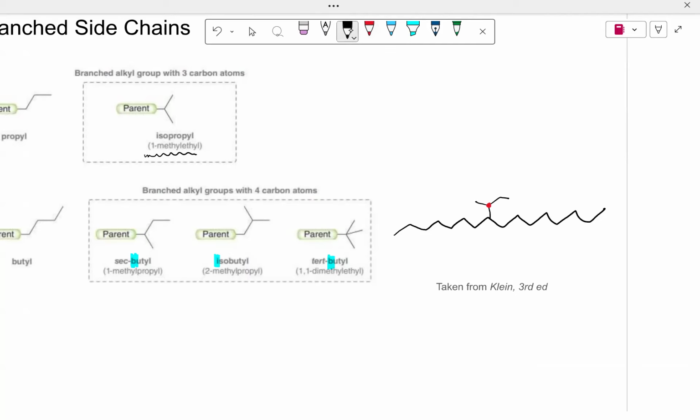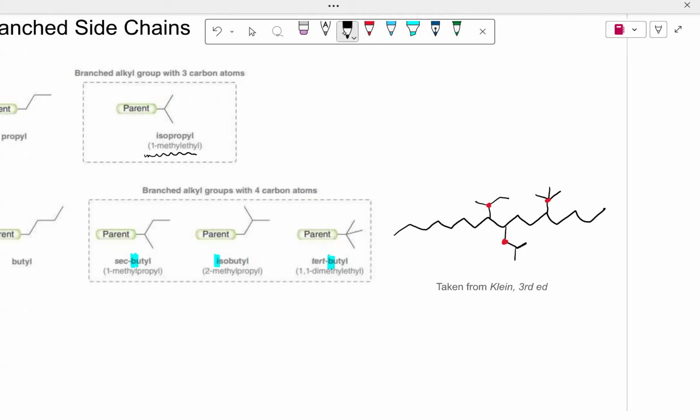An isobutyl group would look like this. So note where that group is attached. And tert-butyl, I'll draw it over here, looks like this. So it's a group of 4 carbons, but note how the carbons are arranged. So it's very important to know the difference between those 3 types of butyl groups.